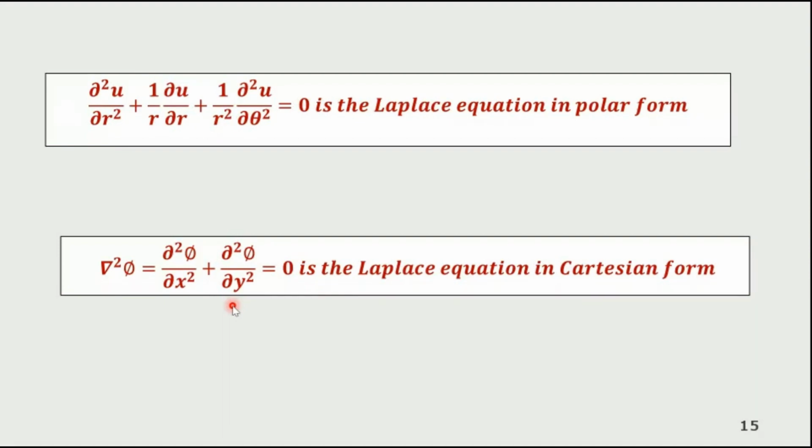So ∂²u/∂r² plus (1/r) ∂u/∂r plus (1/r²) ∂²u/∂θ² equal to 0 is the Laplace equation in the polar form. मतलब अगर हमको u हार्मोनिक प्रूव करना है तो ये इक्वेशन इक्वल टू 0 प्रूव करना है, और अगर x और y में प्रूव करना है तो ये इक्वेशन प्रूव करना है.